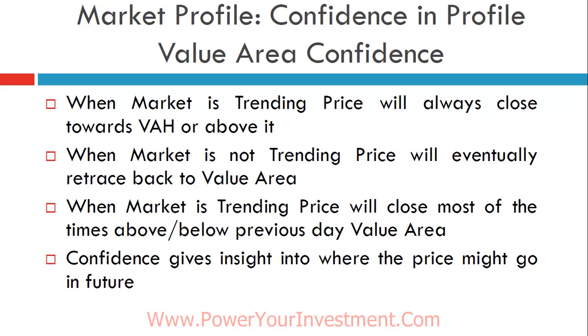For a downtrend, the current close will be below the previous day's value area low, depending on which profile you're looking at. If you combine these aspects, that is comparing price with the current developing value area, and the current price with the previous value area, then you get a lot of insight into what may happen in the future.